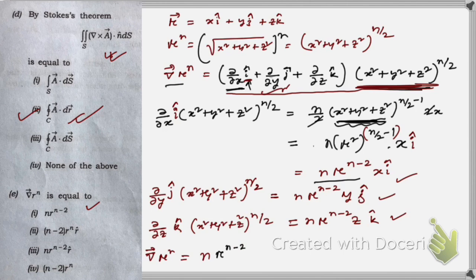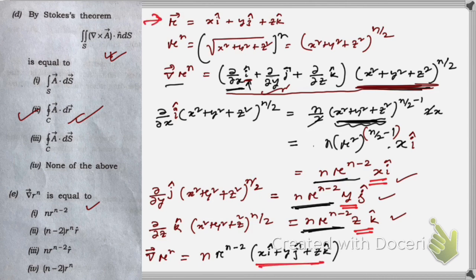So this can be taken common, and then within the bracket you should get x i cap plus y j cap plus z k cap, right? So we have taken these three terms common, that n r to the power n minus 2. Then within the bracket we have got x i cap, y j cap and z k cap, and this is nothing but your vector r.